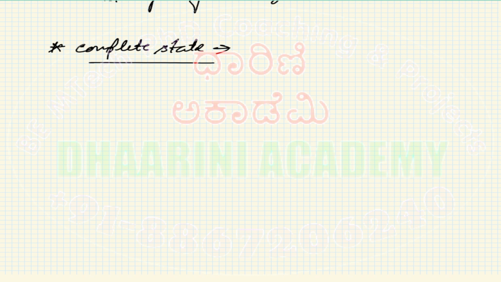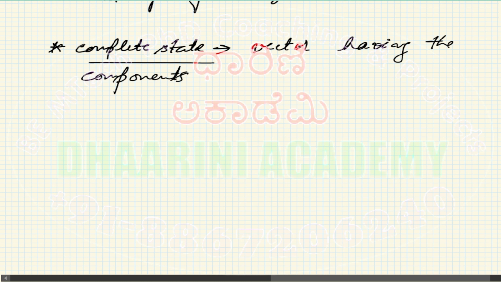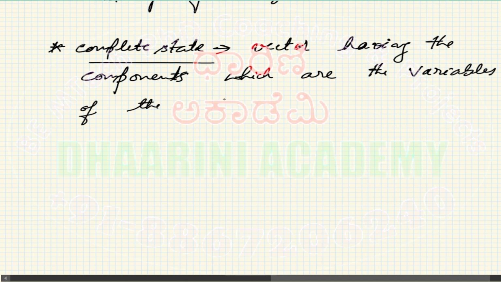So basically I'll try to write that statement now. Complete state indicates it's a vector, having some components which are the variables of the system with initial conditions.